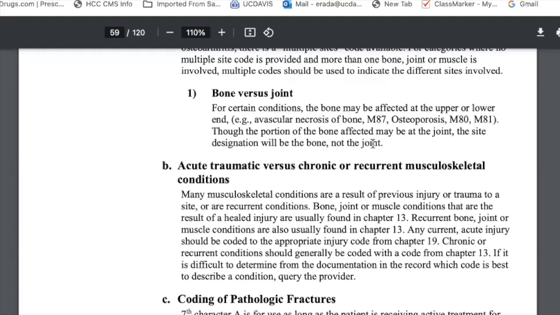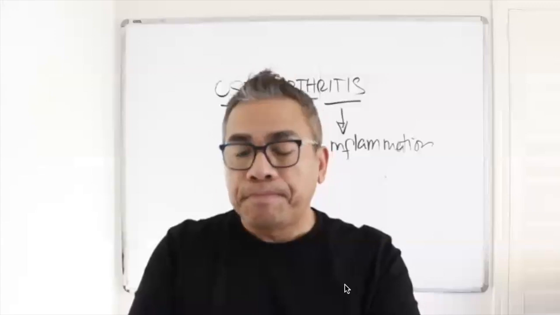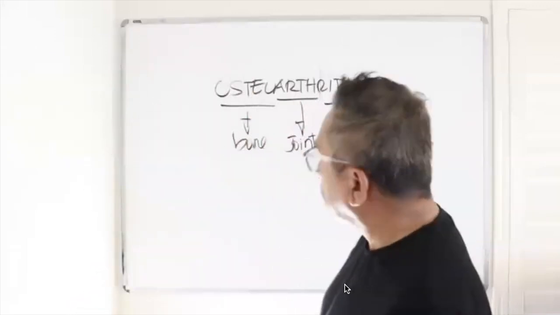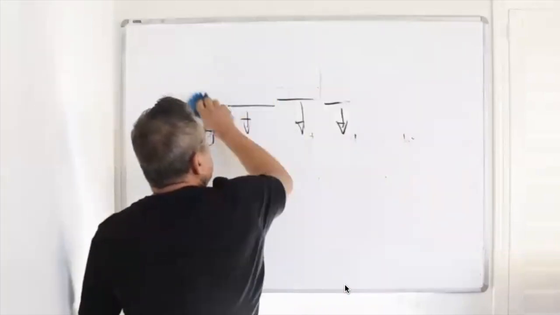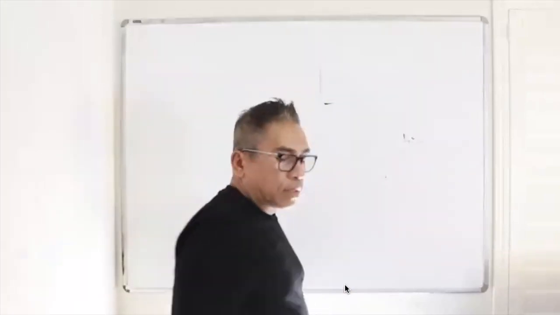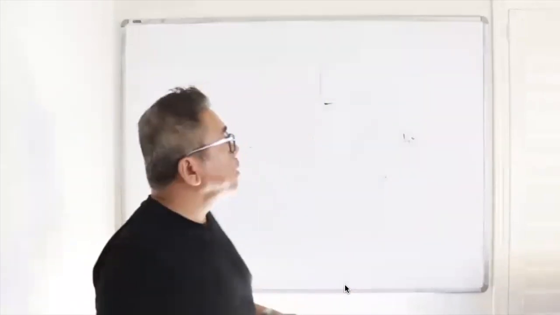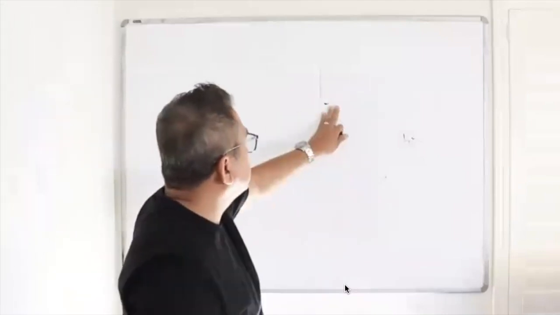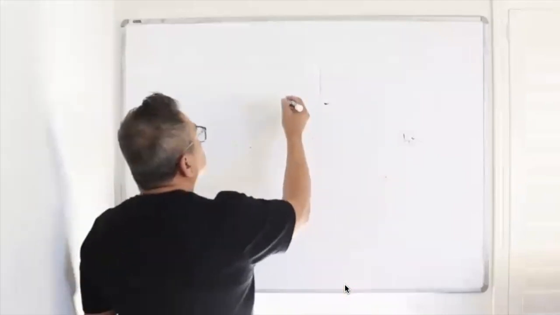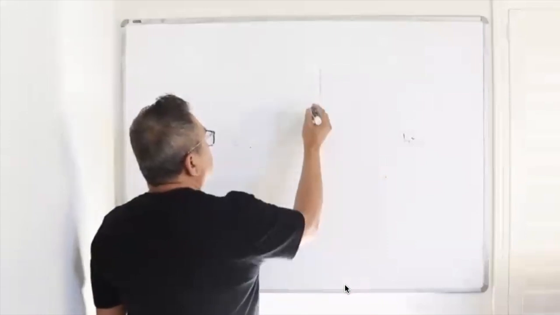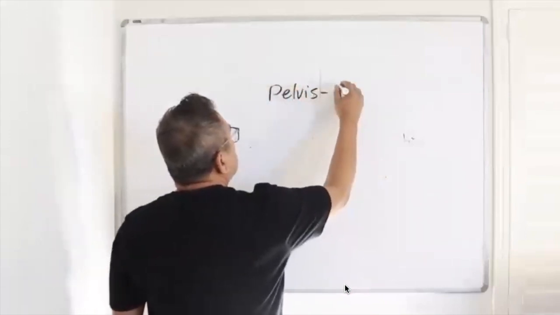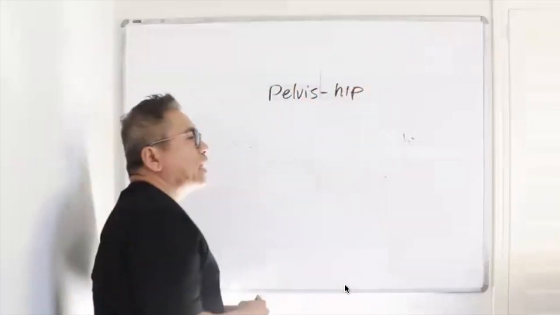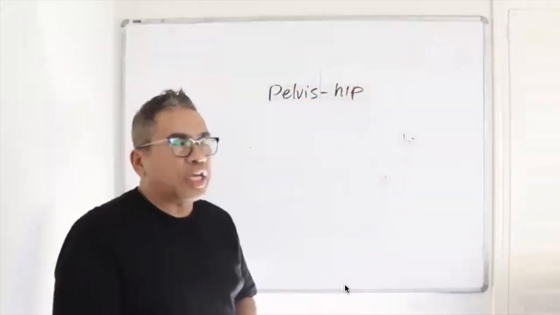Which means, guys, here's what this guideline is saying. Imagine you are assigning a code for the pelvis. When you talk about the pelvis, you're talking about the hip, right? Pelvis equals hip. Now, the hip involves a joint, right?